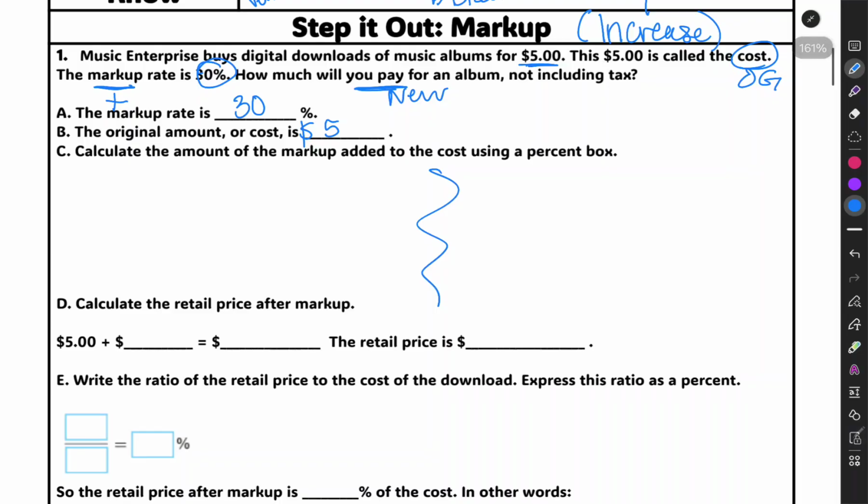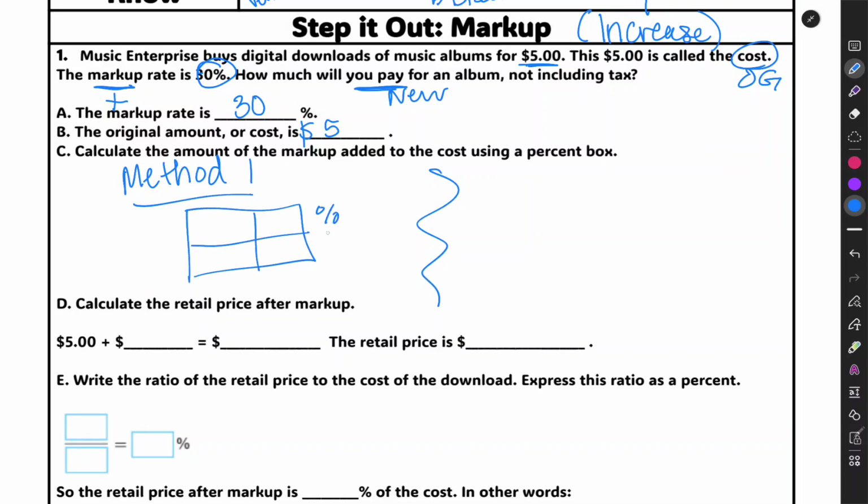So like I said, there's two methods to this. The first method is just like treating this as a percent increase, because that's what's happening here: we have a percent and we do have a change going on. So we just set it up like our regular percent of change box, in which we have 30%, we have the original price of $5, and we cross multiply and divide, and we realize that the price is changing by $1.50.